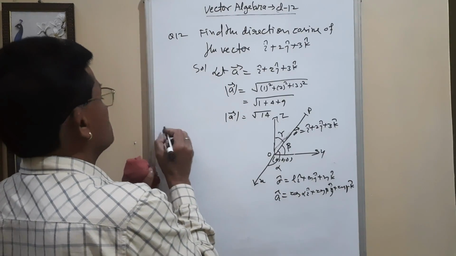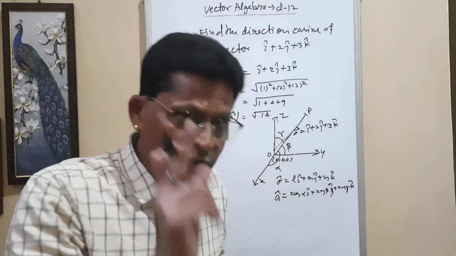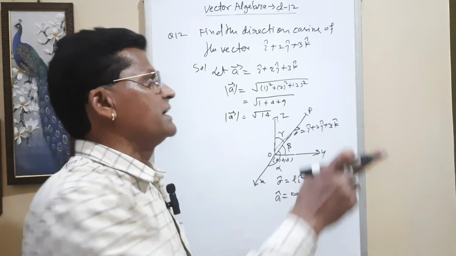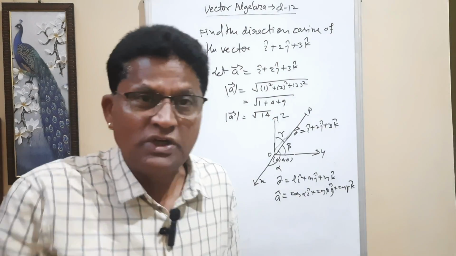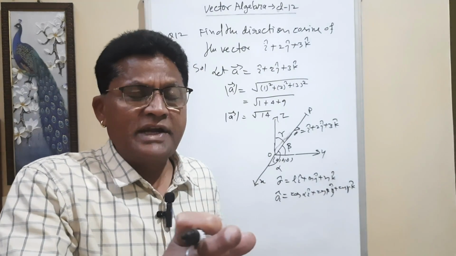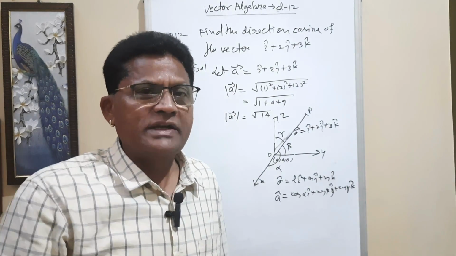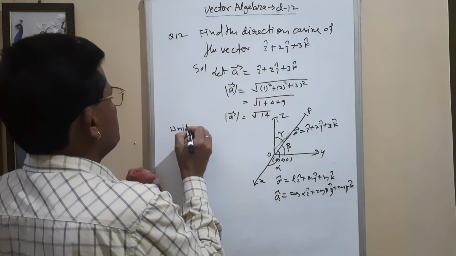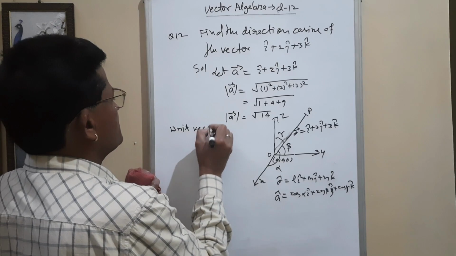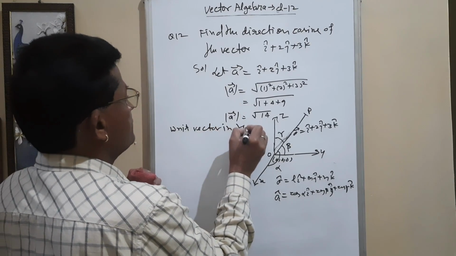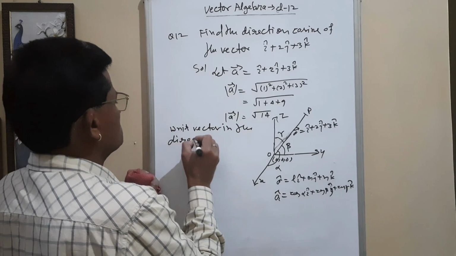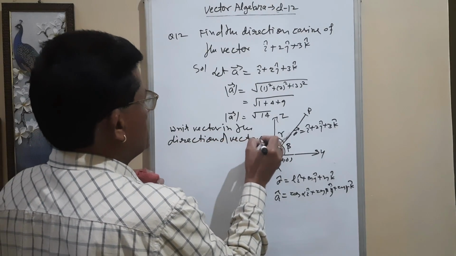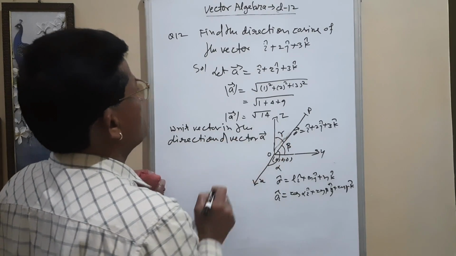Okay, let me start. I repeatedly tell you, you must find the unit vector in the direction of the given vector. Then only you can find the direction cosine, otherwise you cannot. That is why the unit vector in the direction of vector A. Same thing.